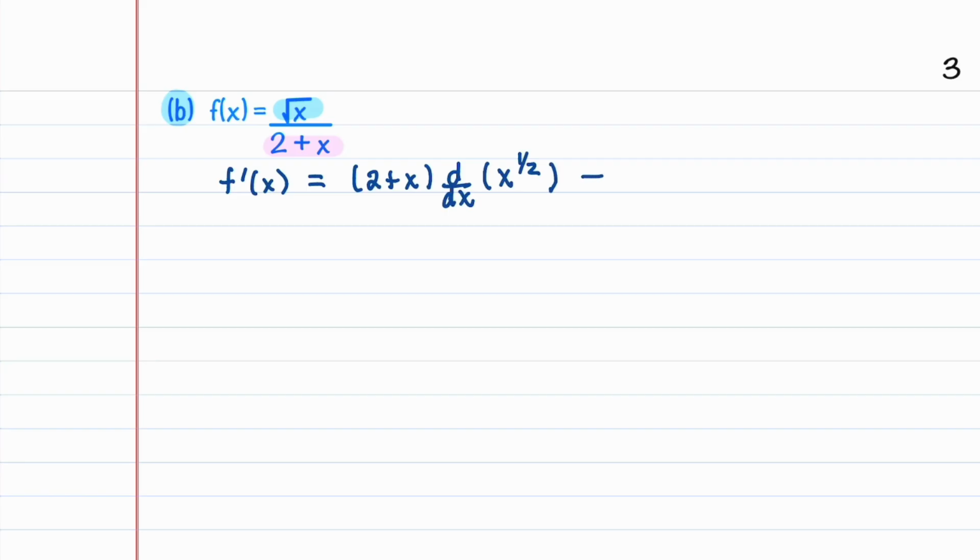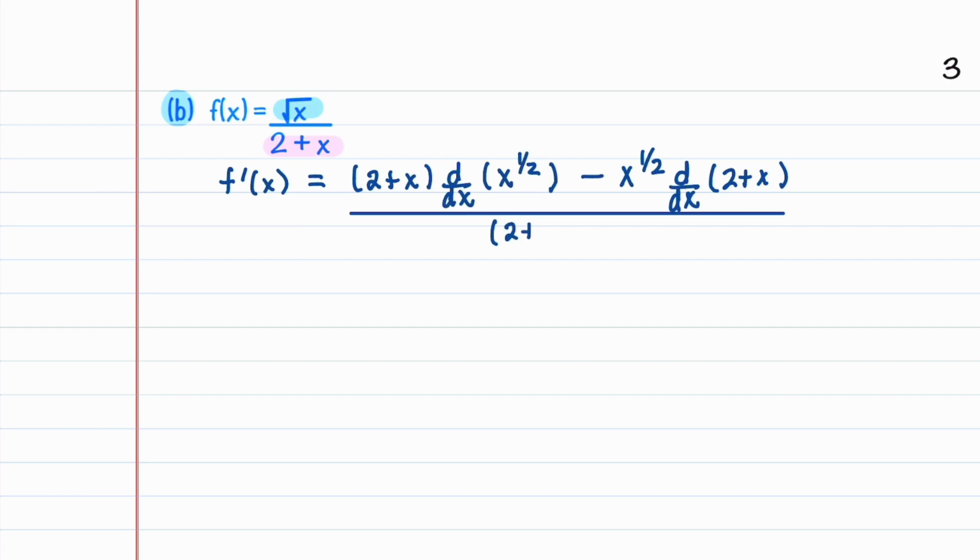And then we subtract off the top term, x to the 1/2, times the derivative of the bottom term, which is 2 plus x, all divided by the bottom term squared. Now let's go ahead and take some derivatives. We have 2 plus x.